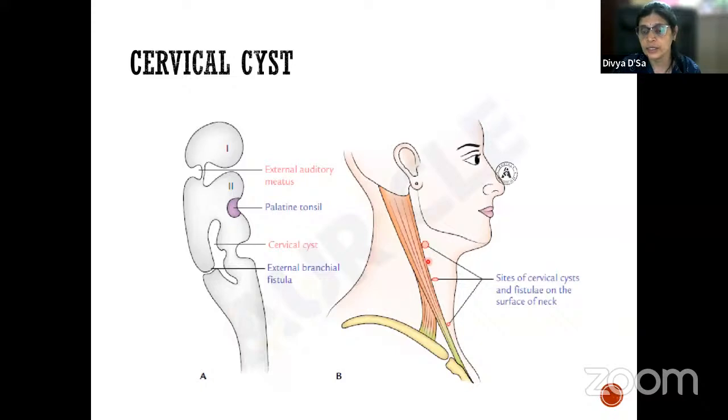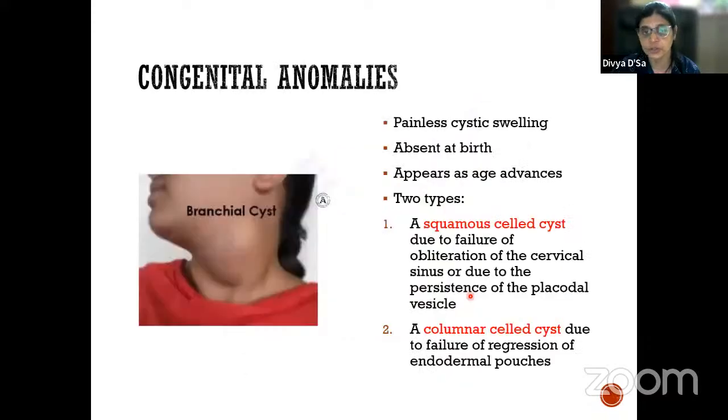Sometimes this cyst will communicate on the outside, where it will form a fistula. So this is the branchial cyst, and if it communicates outside, it forms a fistula. Since it is developmental, basically a space which was not obliterated, it is not painful, and it is absent at birth initially, but later on, as the muscles grow and age advances, it appears.